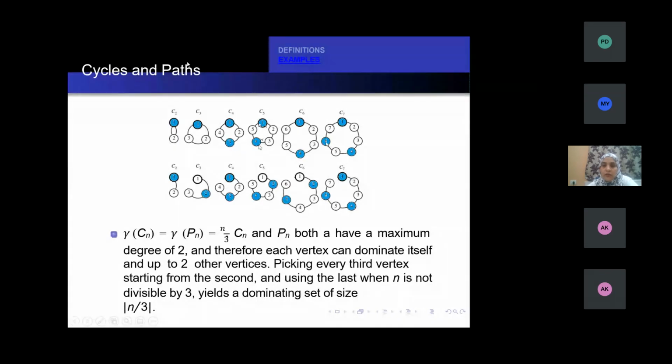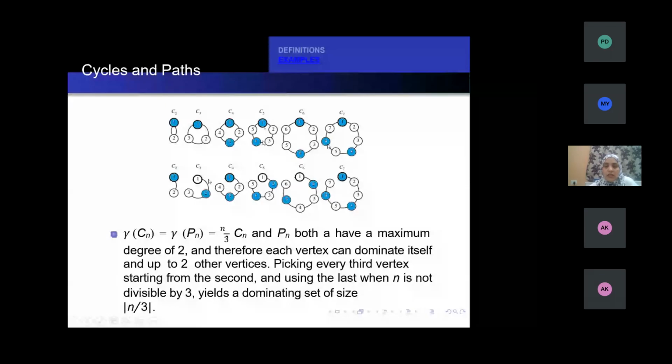In C7, we have 3 vertices which dominate the whole graph. See, 1 is dominating 7 and 2, 4 is dominating 3 and 5. Then we are left with 6. So we have to take 6 in the dominating set too. So in C7, the dominating set has 3 vertices, and the domination number will become 3.